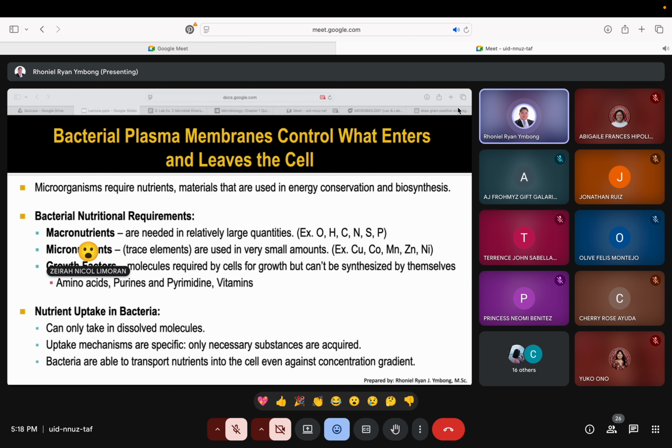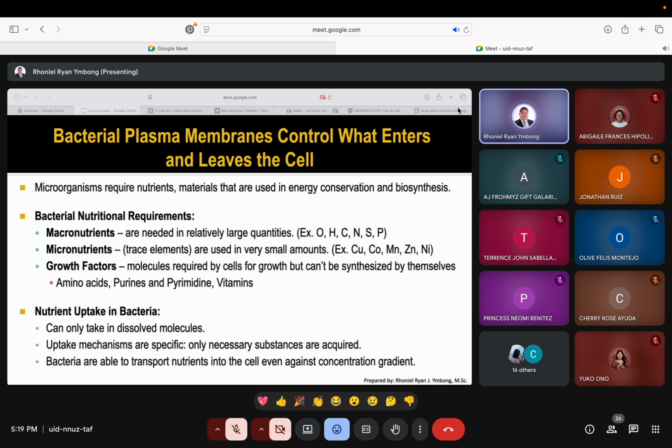So dili sila maka-acquire of nutrients from the environment if these nutrients or materials are not dissolved in water. No? Second, bacterial uptake of nutrients, no, are highly specific. So one uptake mechanism is for one type of material or substance, no?